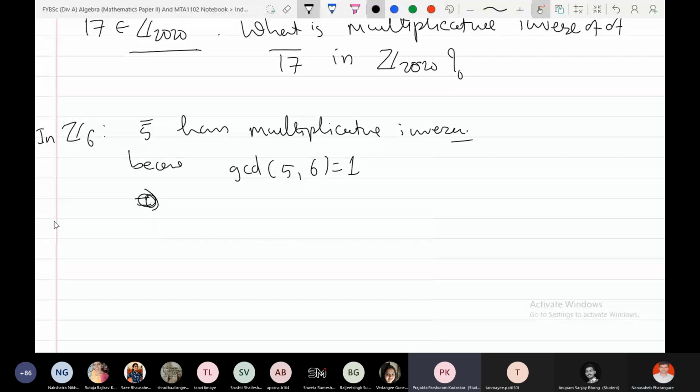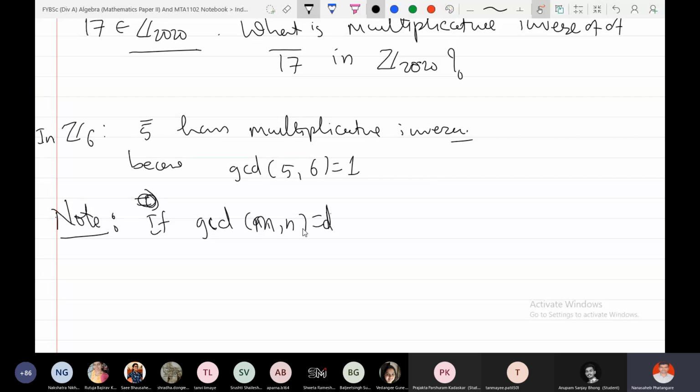Now this is a statement or note: if GCD of m and n is d, then there are integers a and b such that a m plus b n is equal to d.